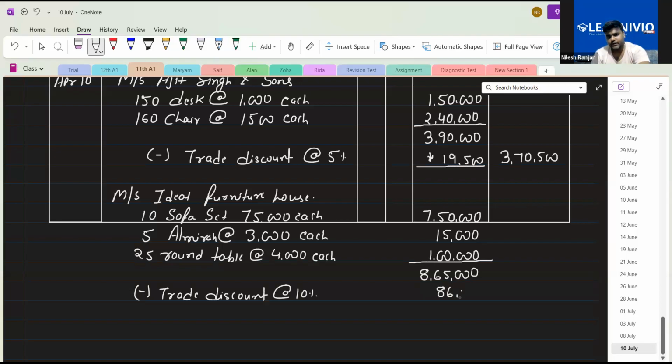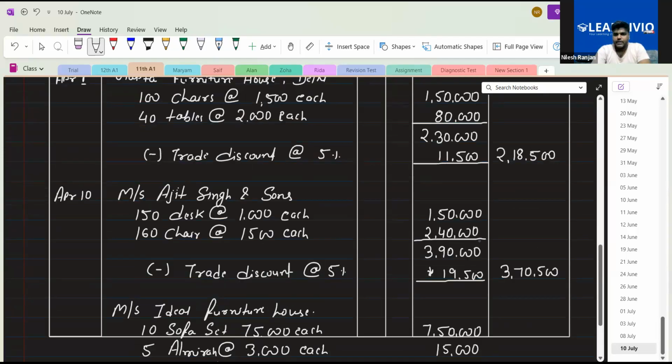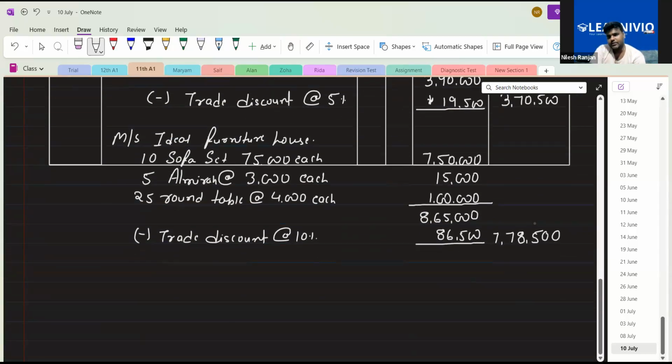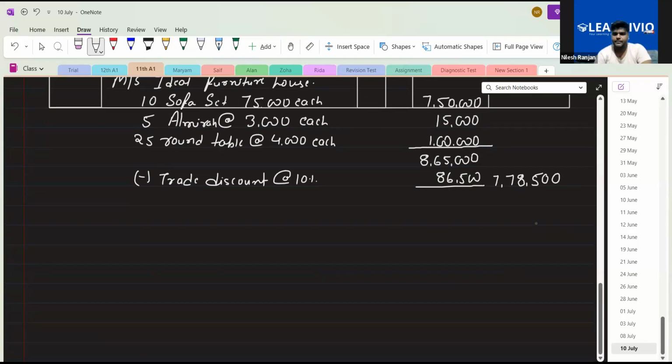So it will be 7,78,500. Now we will calculate total. 2 lakh, 3, 5 lakh, 7, 12 lakh, 89,000. 12 lakh 97,000 plus 70, 13 lakh 67,500. So the total will be 13 lakh 67,500.